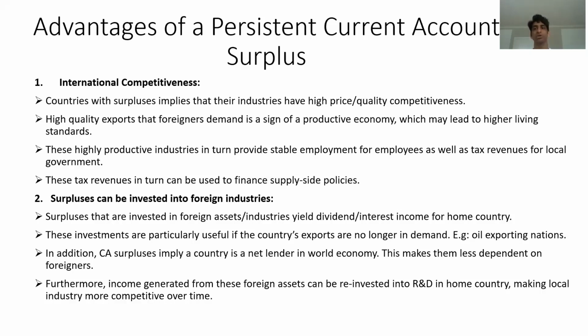We have China, which is very price competitive. It's just because they sell such cheap goods and services that foreigners naturally demand very high quantities of them. And in turn, they are able to generate very high exports, and those exports contribute to their current account surplus. In the case of Germany, it's the quality, right? When you think about Germans, they are leaders in machinery production, car production, and chemical products.